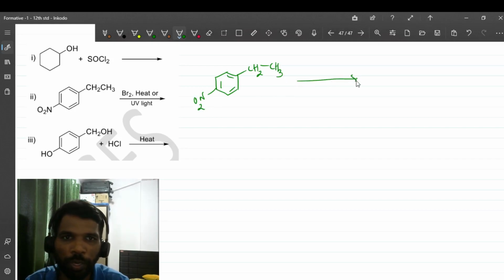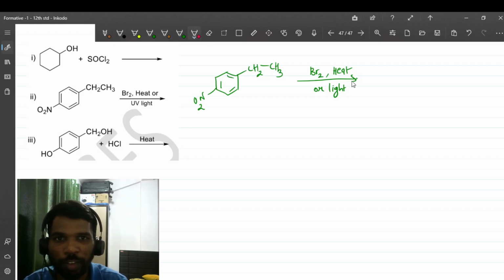And this is bromine. Can someone tell me what is this reaction? Bromine, heat, or light? Okay. Answer is whenever you see this reagent, it is a free radical halogenation.